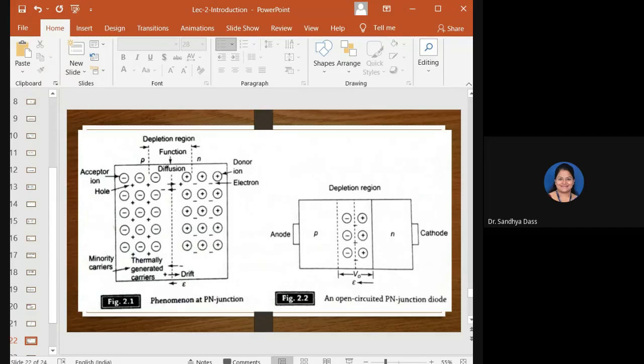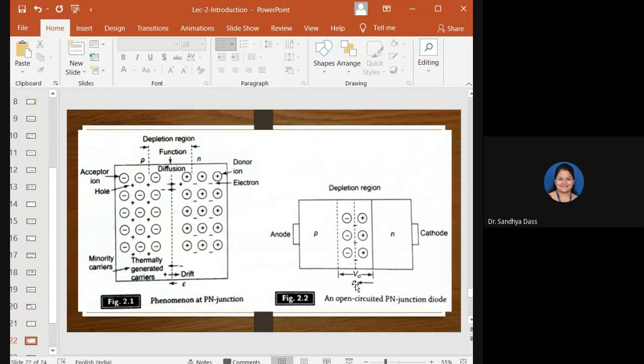You have already studied in PU, I guess. So the barrier potential, what I was discussing till now, develops across the junction because of the accumulation of immobile ions here. So in silicon type of material, it is 0.7 volts, and in germanium type, it is 0.3 volts.